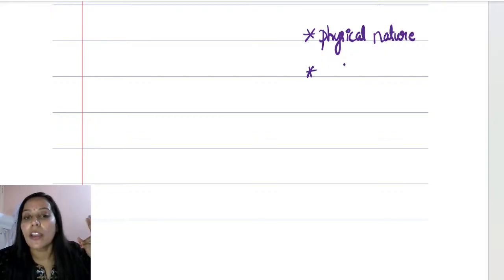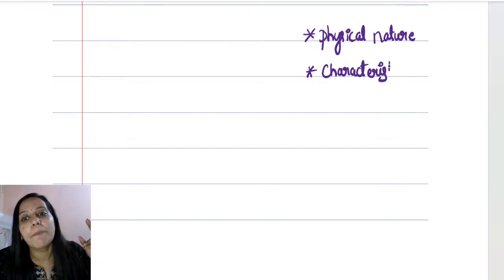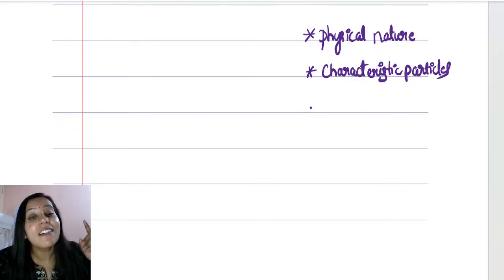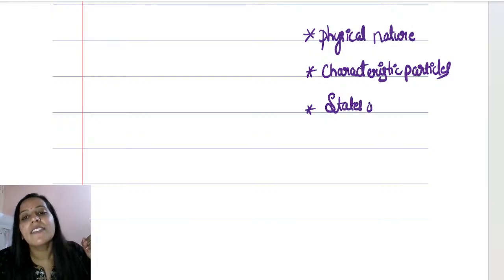Secondly, we will talk about the characteristic particles of matter. Thirdly, we will talk about states of matter. And next we will talk about interconversion of matter.